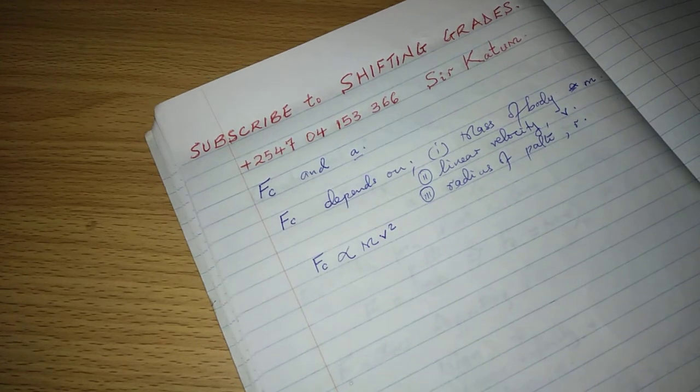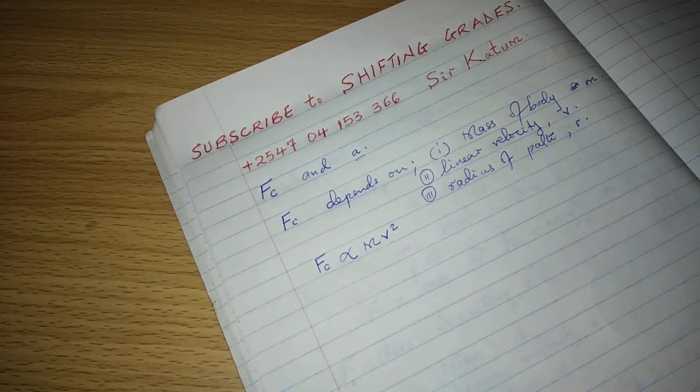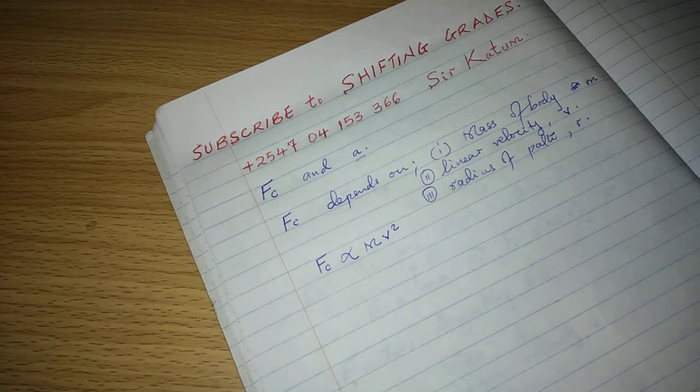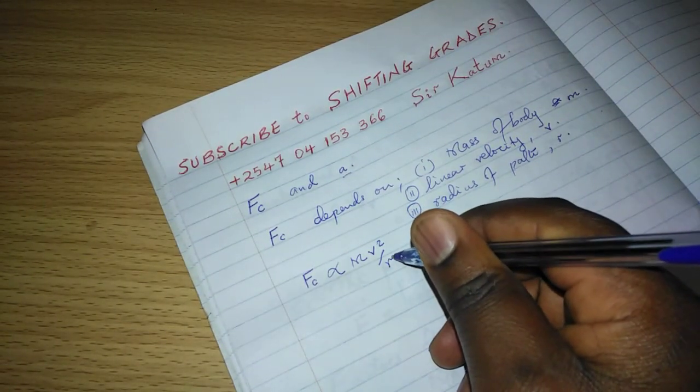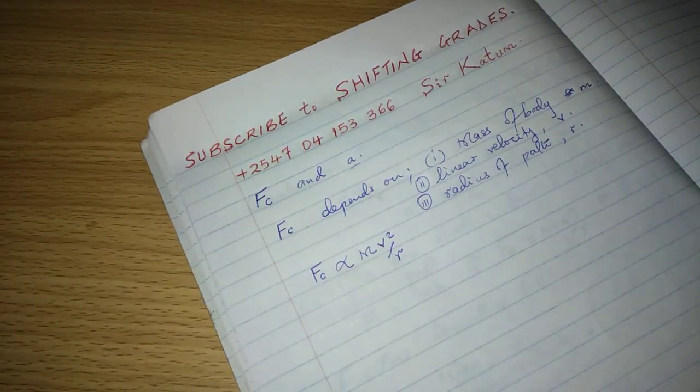Then a radius which is very small requires a very large centripetal force, or rather centripetal force is inversely proportional to the radius of the path, and this will make the radius to be on the denominator.